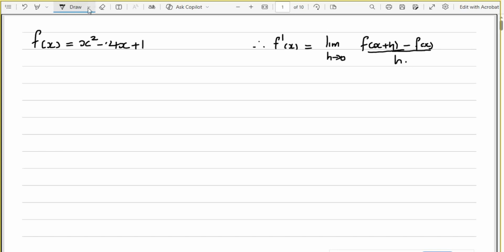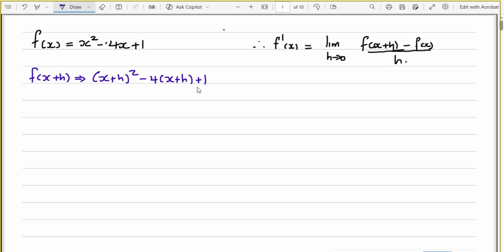Right. So now you know what I'm going to do when I have this type of question. First thing first, I need to find f(x plus h). So on the equation where there's x, I'm going to substitute x plus h and see what I get. Where there's x, I put x plus h.